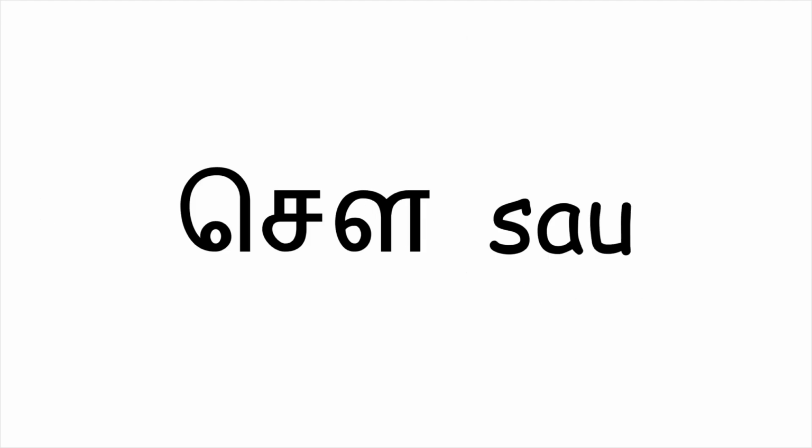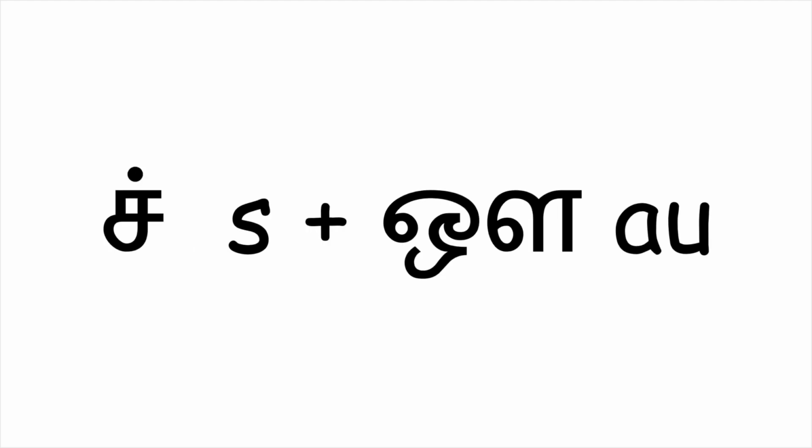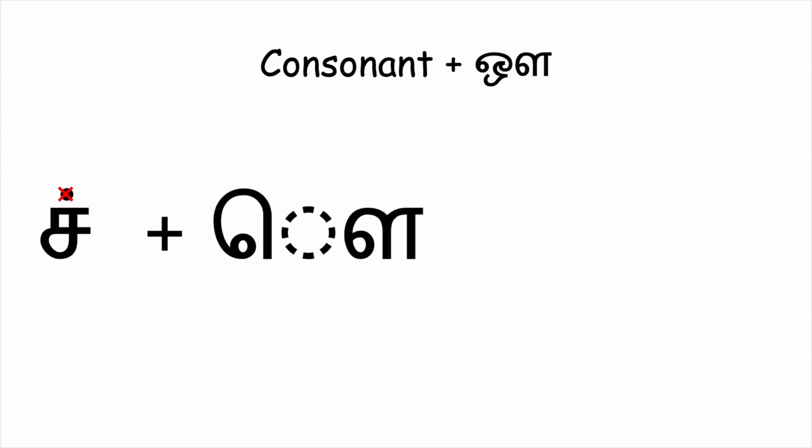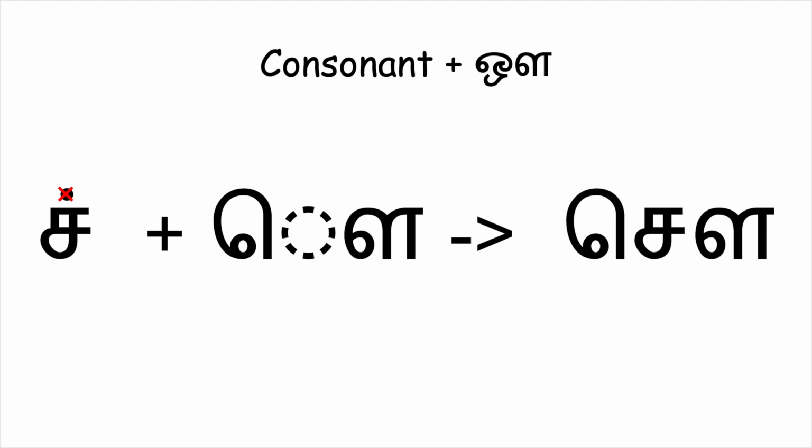This is the letter sau. It's formed from uch plus au. The pattern which applies to the consonant plus au combinations is to get rid of the dot and add these two patterns to the front and back. So when we apply this to uch, we get sau.